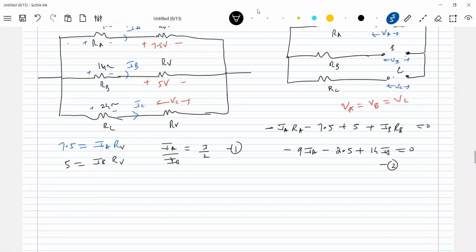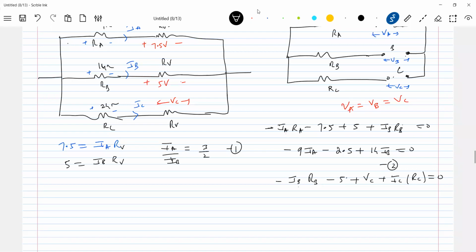I'll proceed further with one more loop equation: minus IB into RB minus 5 plus VC plus IC into RC equal to 0.